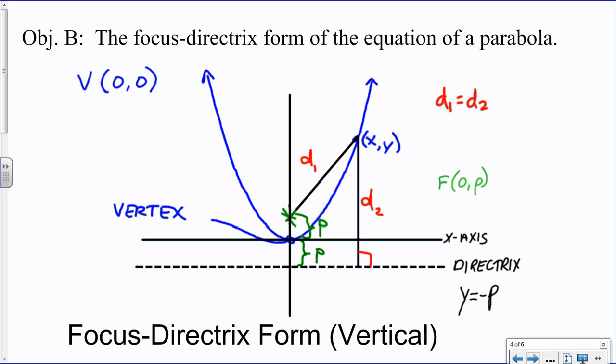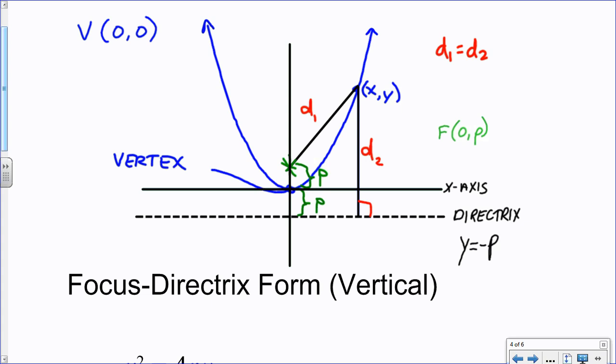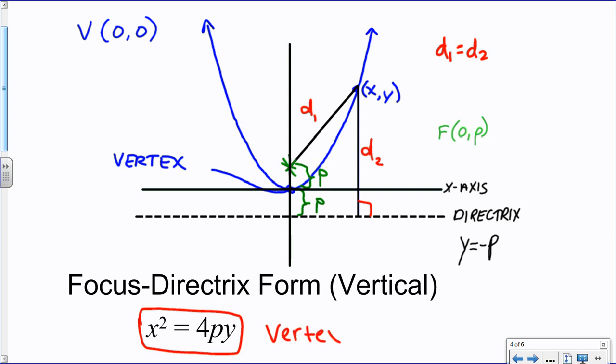So this will be the vertical form. Just a bit so I can put the form here. So this is the form of focus directrix, and this is when it's centered at 0, 0. We'll talk about a shifted form in just a little bit, after we get used to the central form where the vertex is at 0, 0.